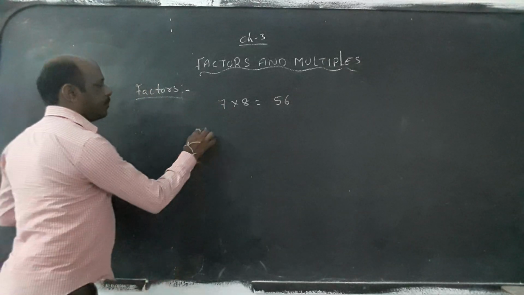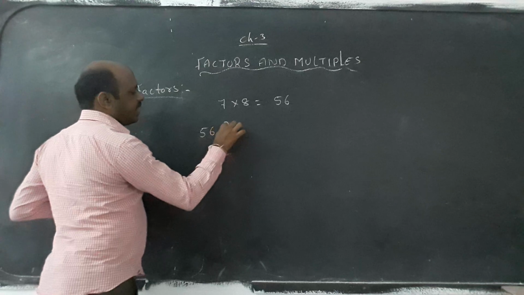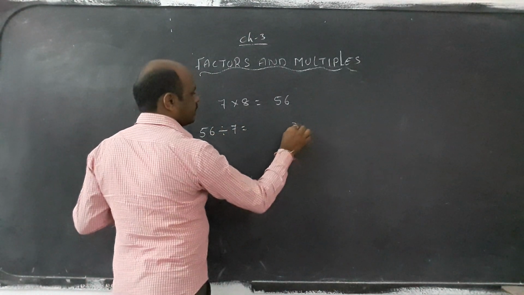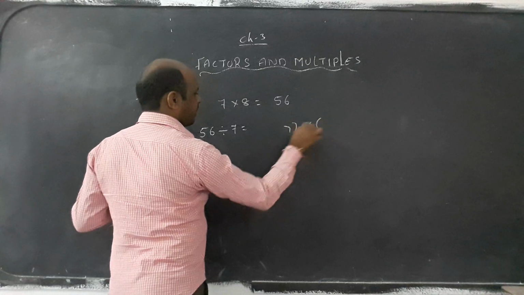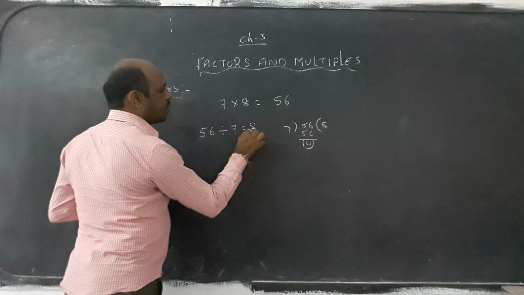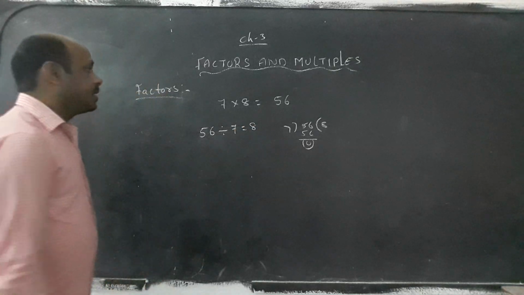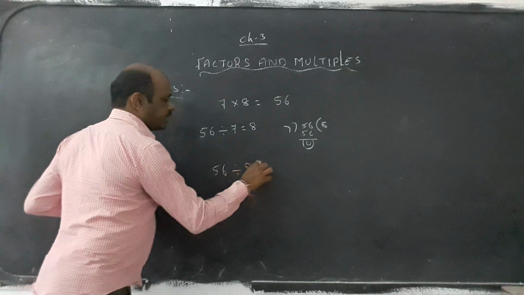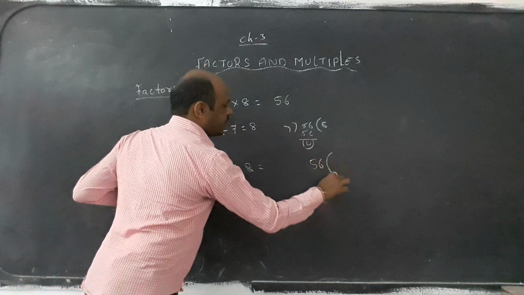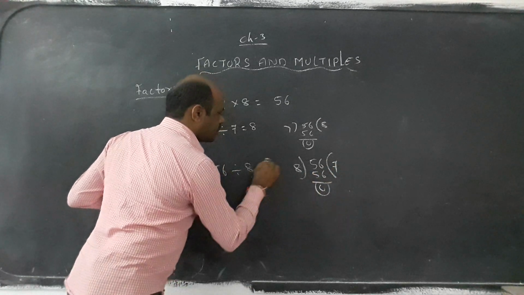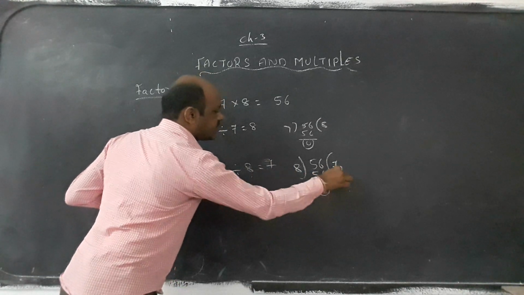For example, 56 divided by 7. 7 eights are 56, remainder 0. The answer we got is 8. Same process: 56 divided by 8. 8 sevens are 56, remainder 0, and the quotient is 7.